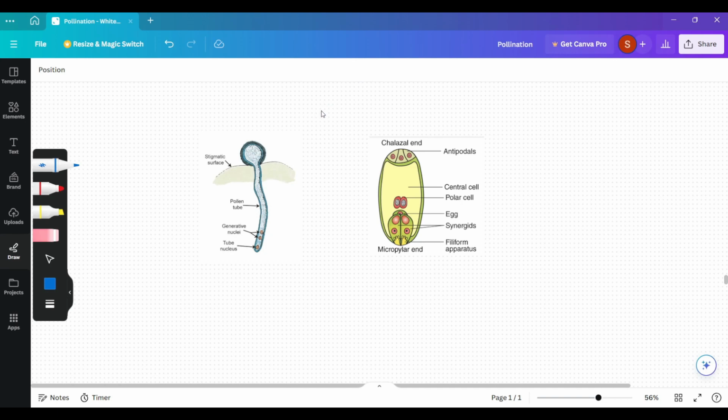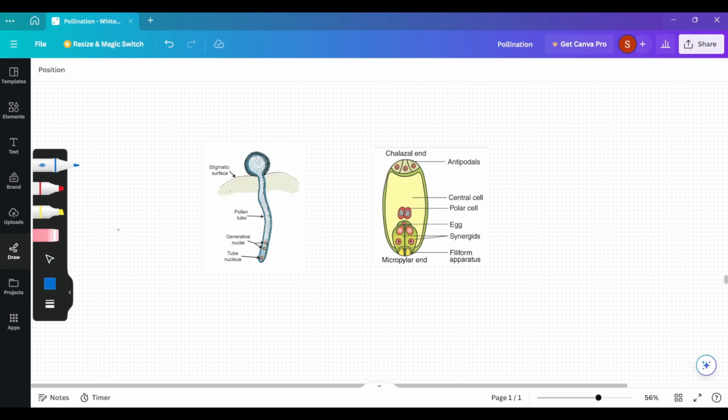Pollination is followed by the germination of the pollen tube. You can imagine that this is the stigmatic surface where the pollen falls, and once the pollen is identified or recognized to be compatible, it starts germinating, and you can see the pollen tube over here, the vegetative cell and the generative cell. The vegetative cell with its vegetative nucleus, otherwise called the tube nucleus, leads the way.